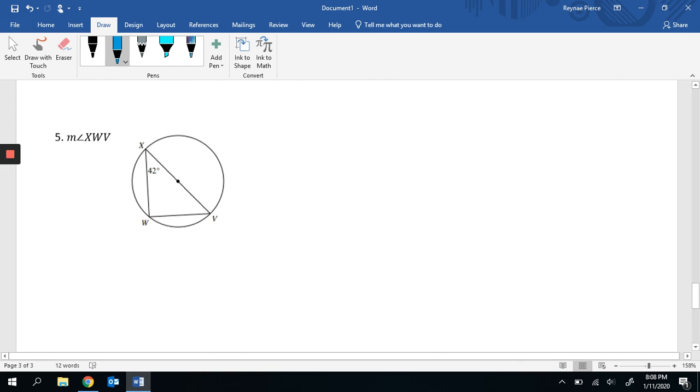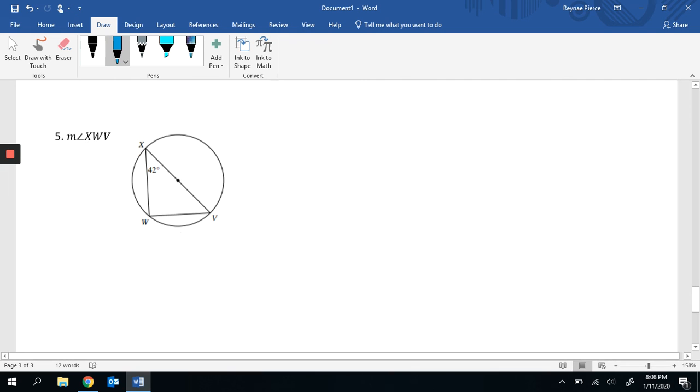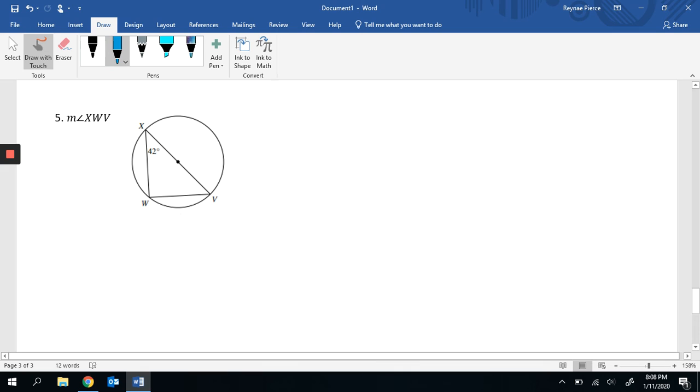And example 5, here we want the measure of angle XWV. We're only given that the measure of angle X here is 42 degrees, but that doesn't help us in finding angle XWV here.